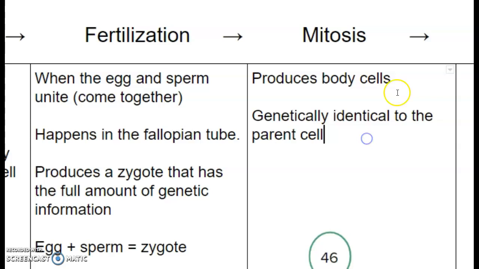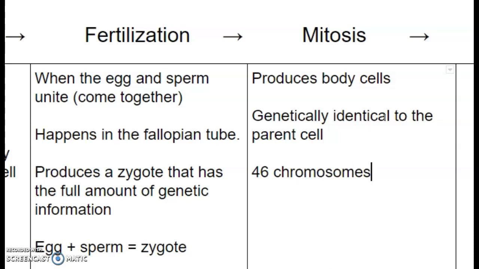They will have 46 chromosomes for humans, but again, that number will change depending on the organism. In humans, it's used mainly for growth and repair of tissues. The resulting cells have 46 chromosomes, which would be the same as the parent.